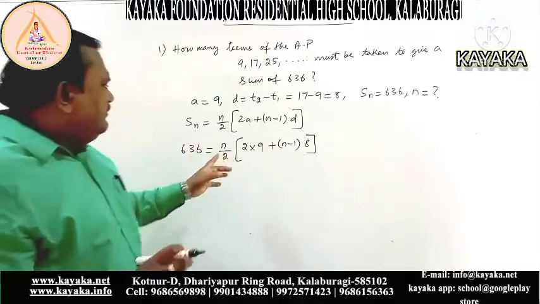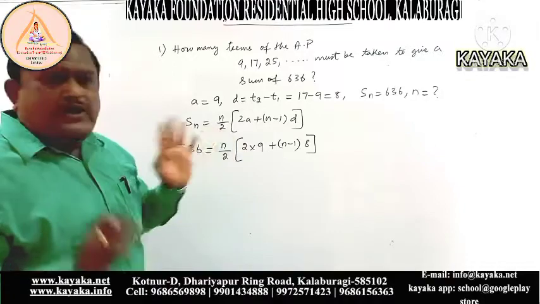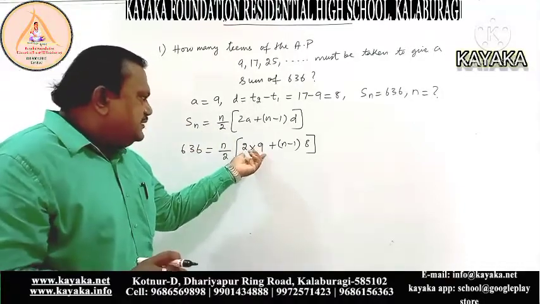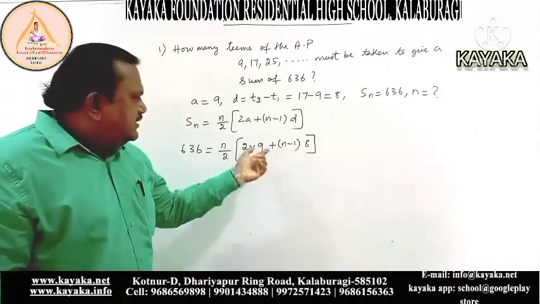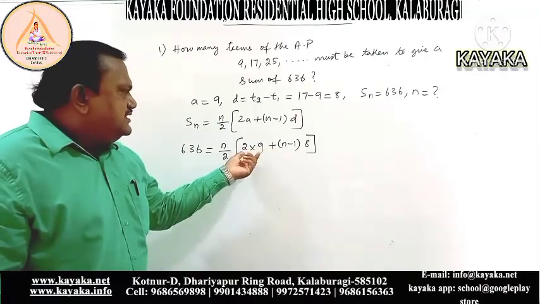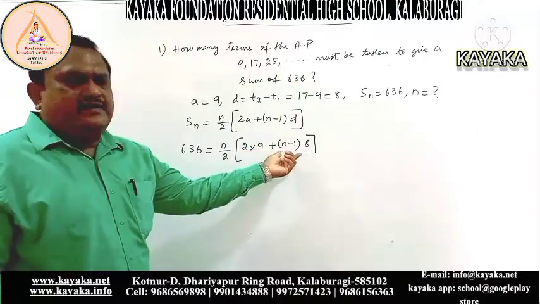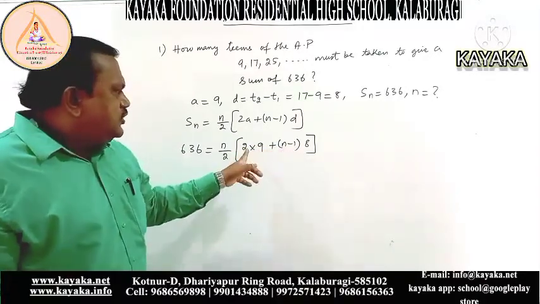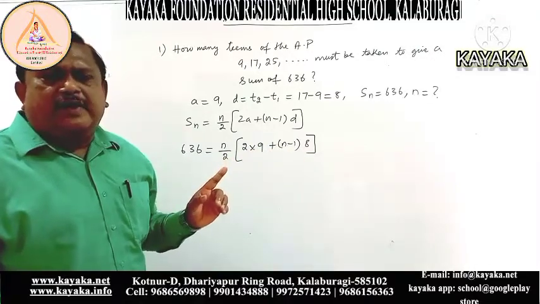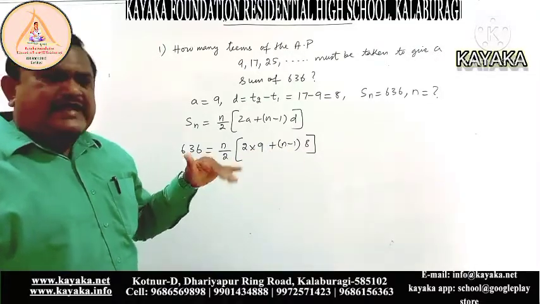Now whenever you get a step like this, you have to check. This is a separate term and this is a separate term, because plus is there in between. From these two terms, 2 is common, so you can take it outside.